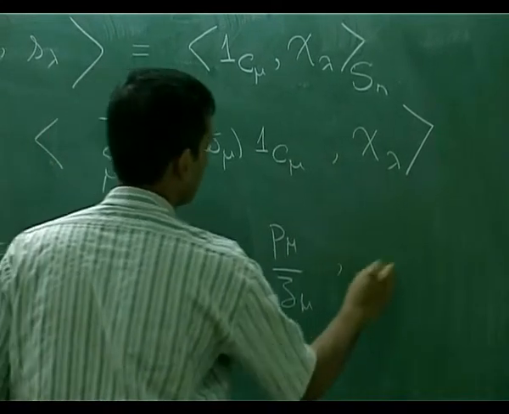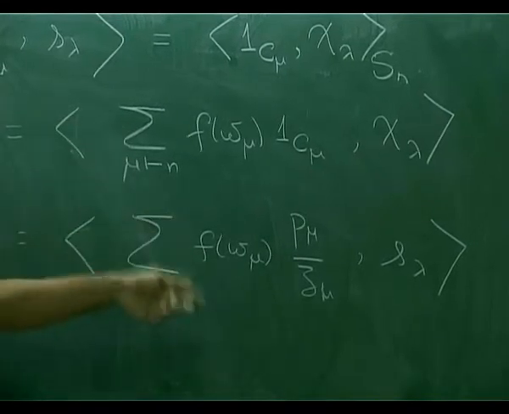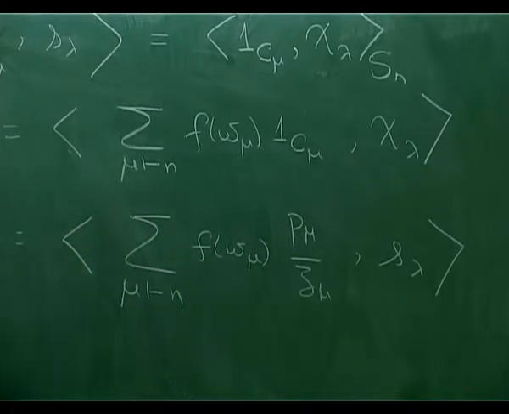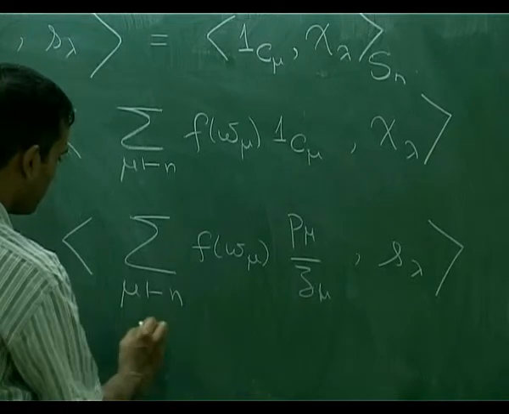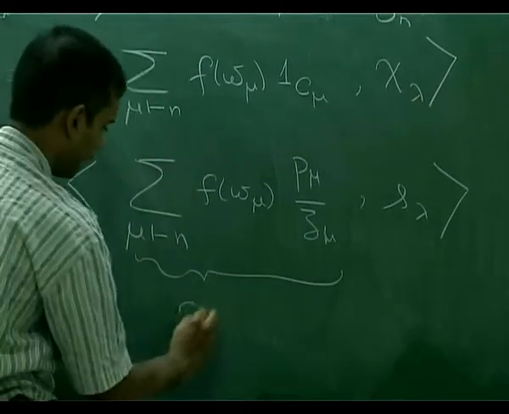Yeah, and here I should write s lambda. It's just using this thing and linearity. So this is what is called the characteristic function of f.